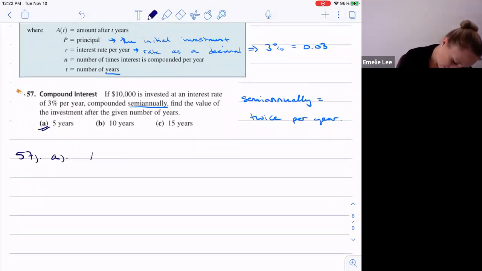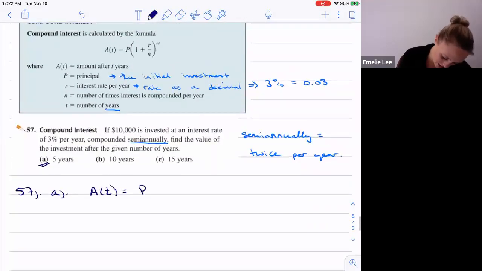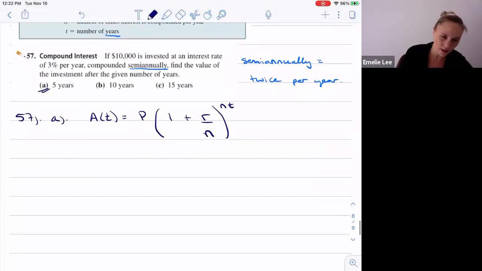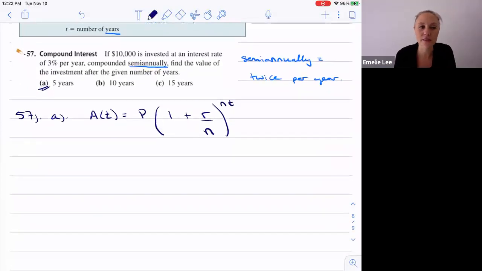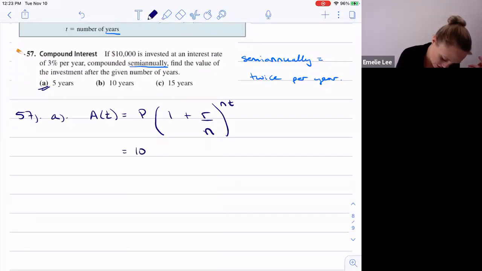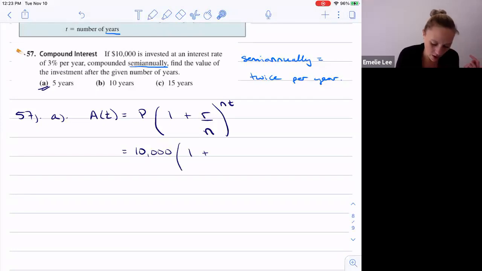So we have A of t, just copying down the formula, is P times 1 plus r over n to the power of n times t. In our case, I'm going to fill in the information that we have. P is 10,000 because that's my initial investment. So I have 10,000 times 1 plus r is 3%, which I have to convert to 0.03.